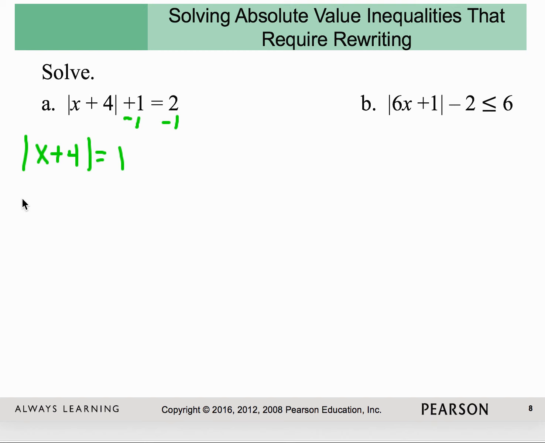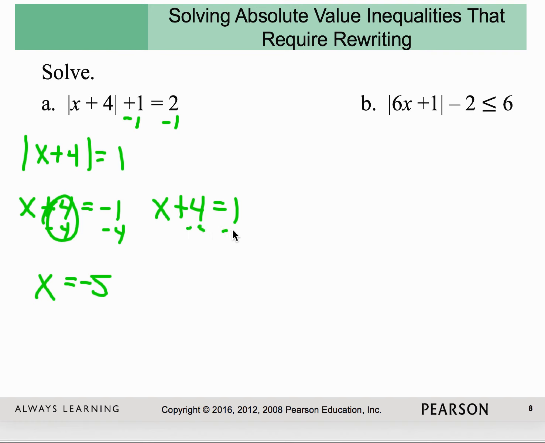If it's an equal, I've got 2 equations. One equals the negative, one equals the positive. And then just solve those equations. X equals -5. X equals -3.